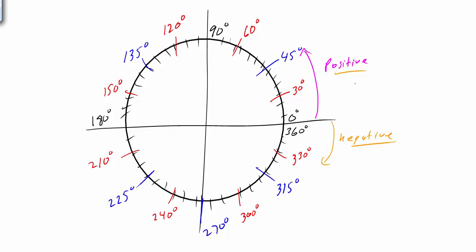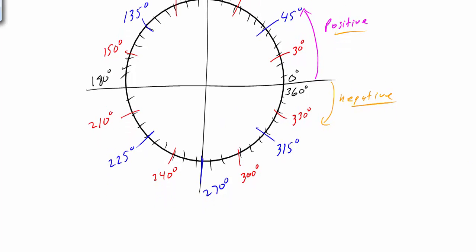For all of these angles I've listed here, typically we'll look at going in the positive direction, counterclockwise. Now, if we are looking at a negative angle, then if we were to rotate down here all the way to this position at the bottom of the circle, we could also call this 270 a negative 90 degrees.